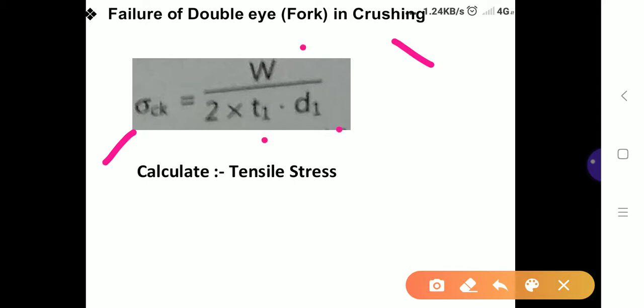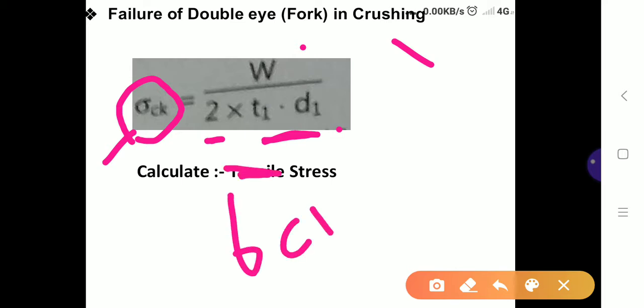Area is the centralized rectangular portion, means thickness t1 into inner diameter, or we can say diameter of knuckle pin d1, and multiply by 2 because it is a double eye. From that equation we calculate crushing stress sigma ck and check whether it is within limit or not.